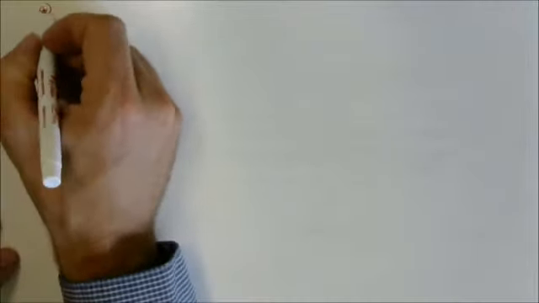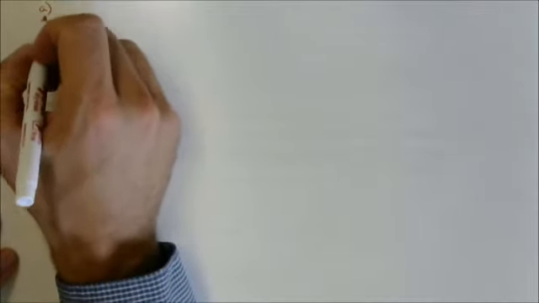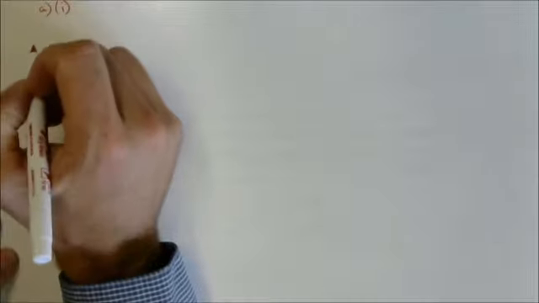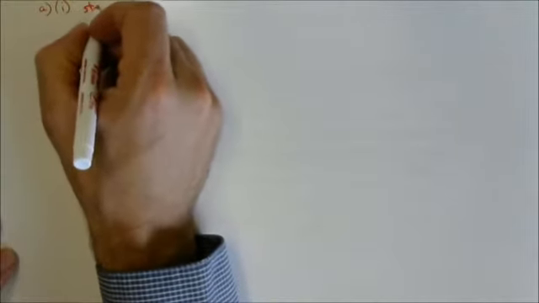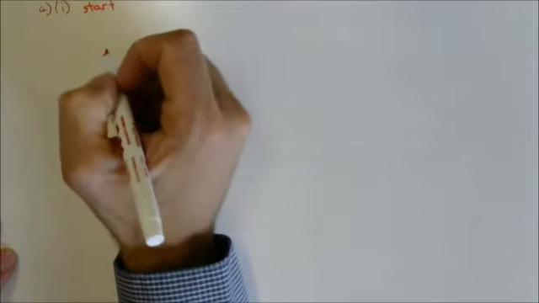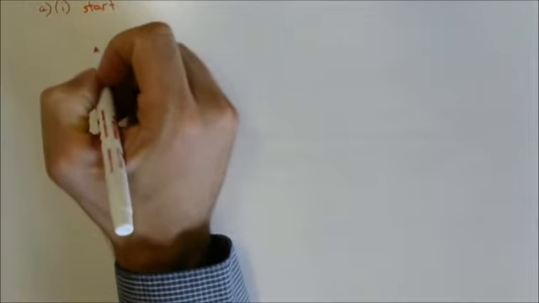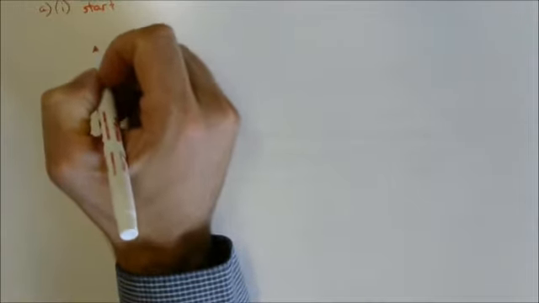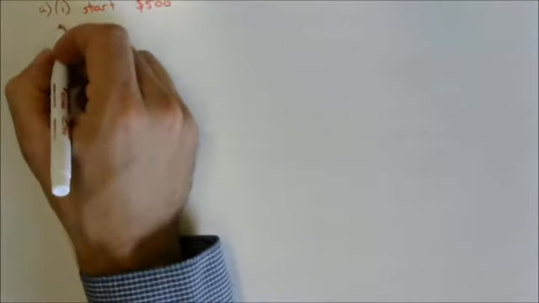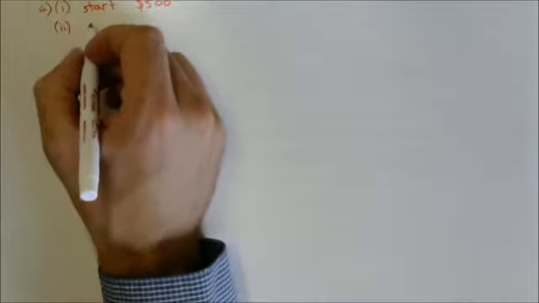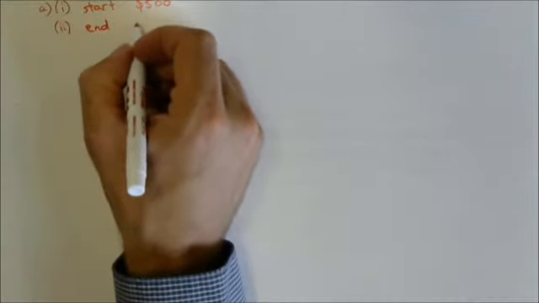The question is, how much money was in the account at the start of the year? It is 500. 500 bucks. Okay. How much money is in the account at the end of the year? 200.